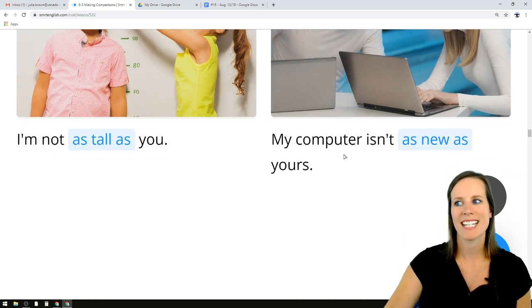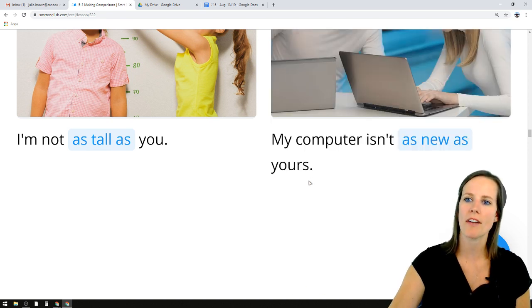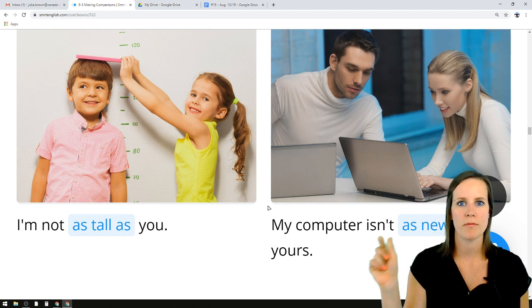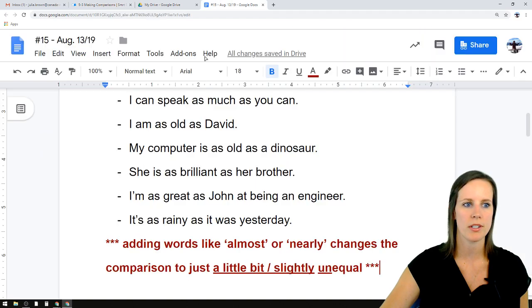My computer isn't as new as yours. This means your computer is newer. So you have to make sure if you're using the "not as" pattern that the second noun position is what is more. Okay, so let's do some more examples.